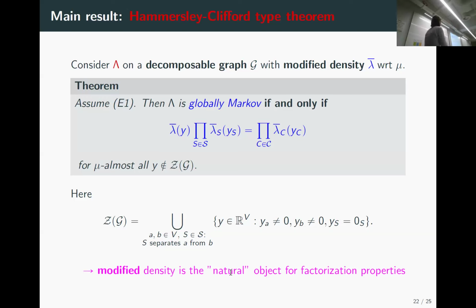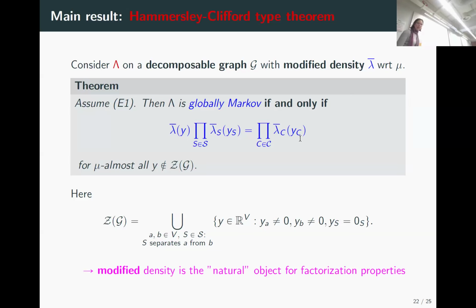But for those, what we can show is that the measure is globally Markov if and only if our modified density allows for such a decomposition. So this is the entire modified density, and here the one for the separator sets, and here we go through all the cliques of the graph.